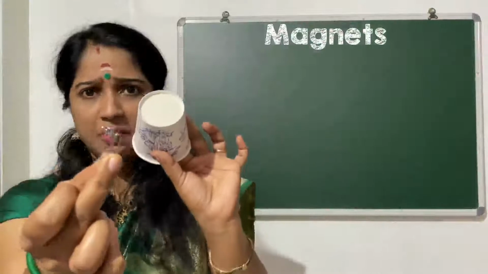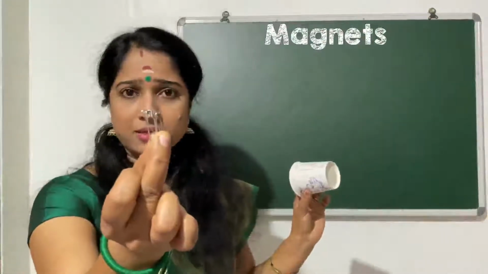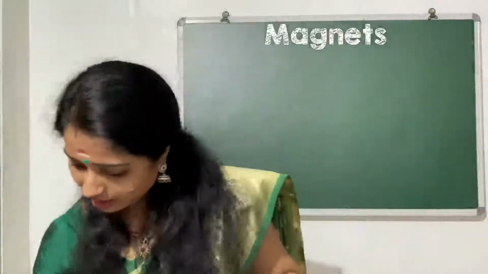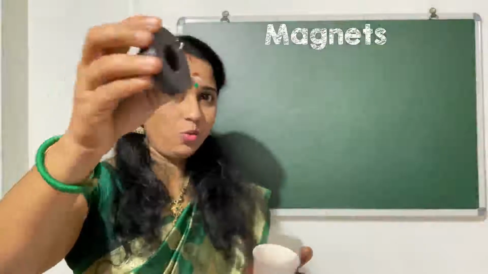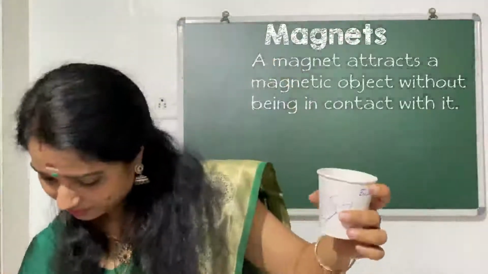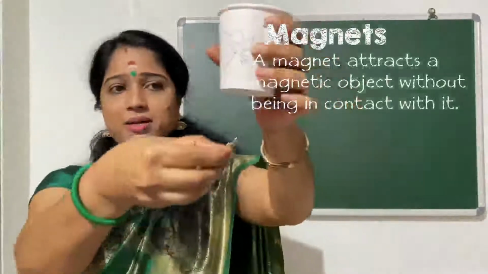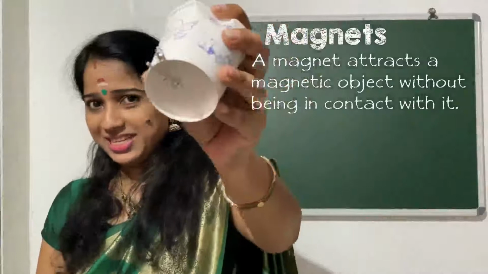Can you see what is happening here? Can this paper cup attract these pins? No. Now, this is a magnet. I am dropping this magnet into this cup. Then see what happened.